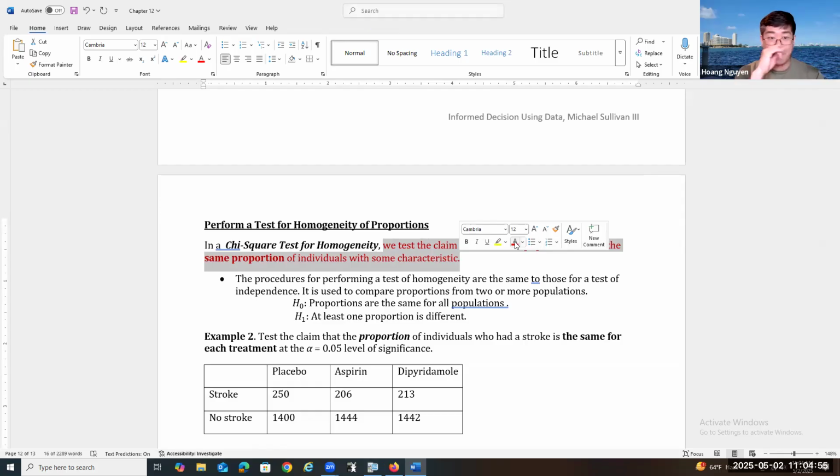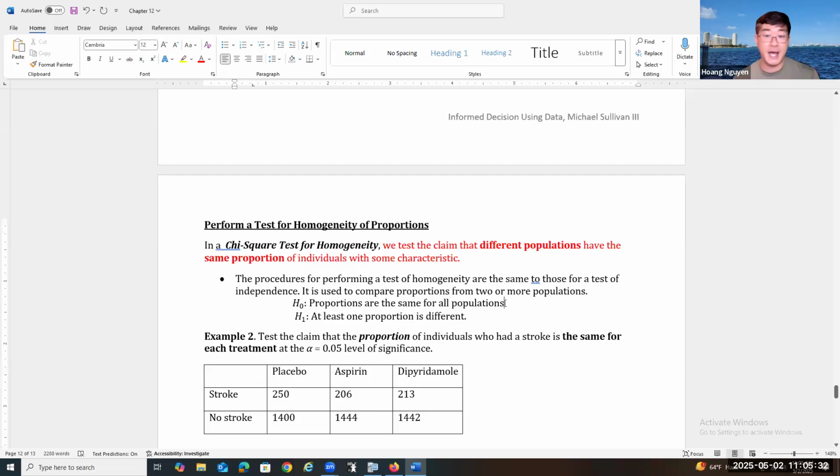So what's going to be the procedure for the hypothesis test of homogeneity of proportion? The procedure for performing a test of homogeneity of proportion is the same as that for a test of independence. The only thing different is the way that we state the null and the alternative hypotheses. For the null hypothesis, we say that proportions are the same for all of the populations.